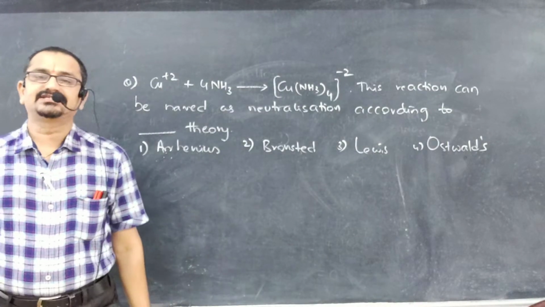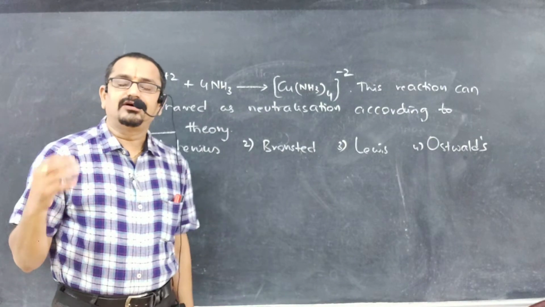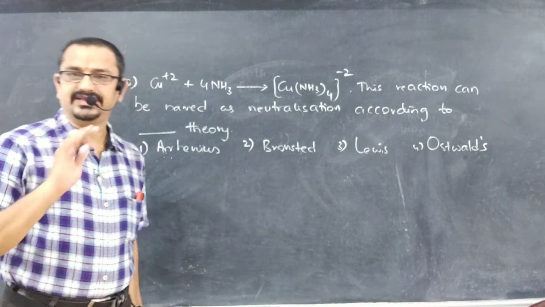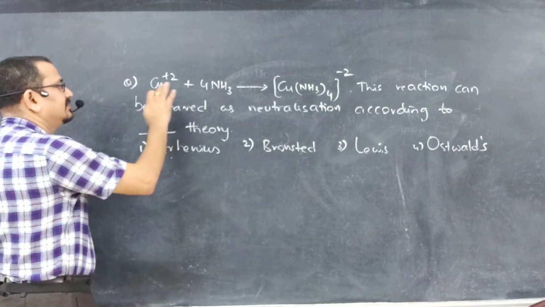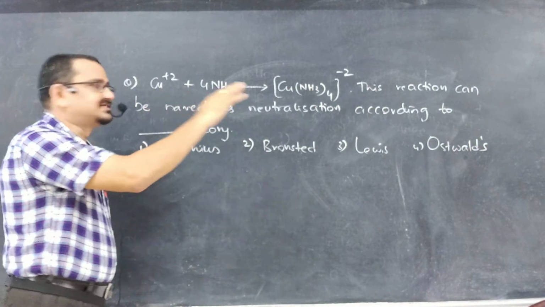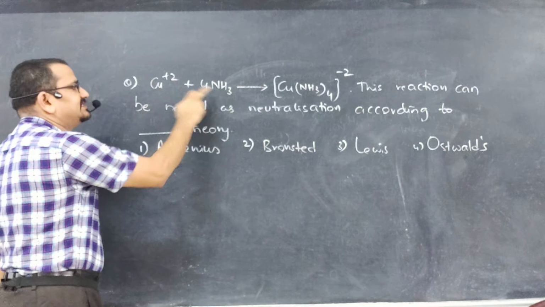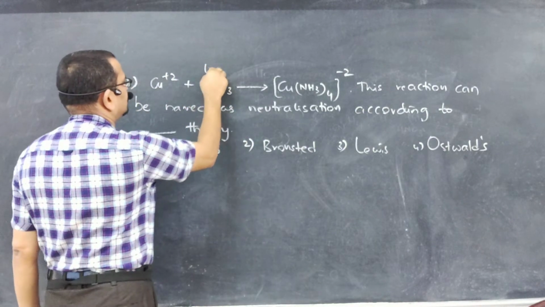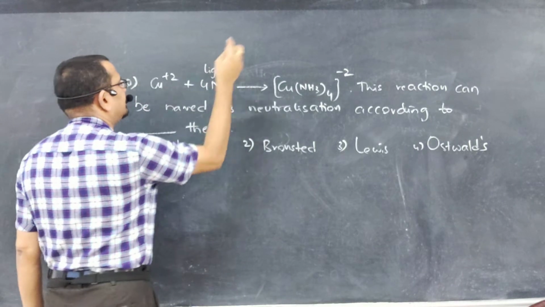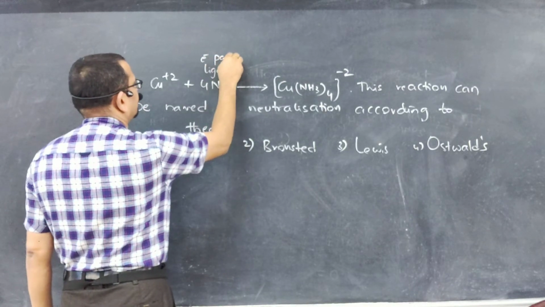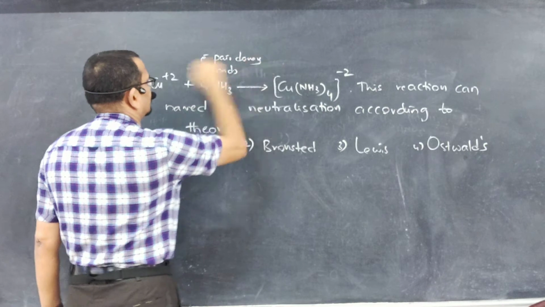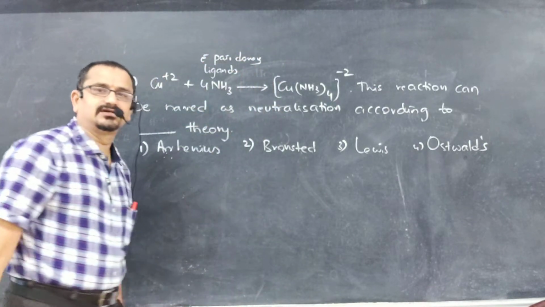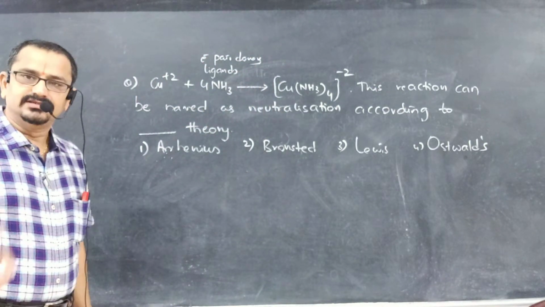This is our next question from Lewis' theory of acids and bases. See, in this reaction, Cu2 plus is getting surrounded by ammonia molecules. Here these ammonia molecules are ligands. Ligands means electron pair donors, and a complex cation is being generated.